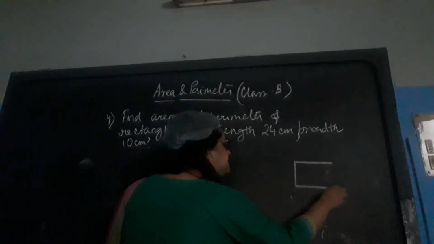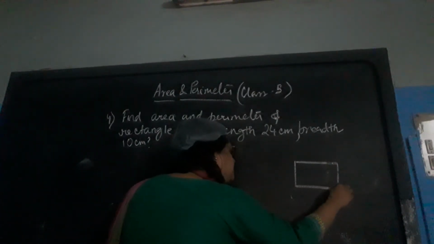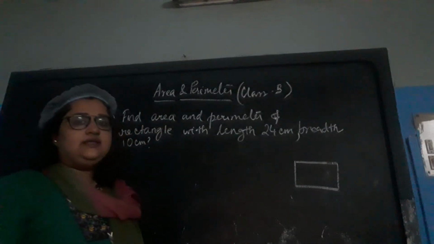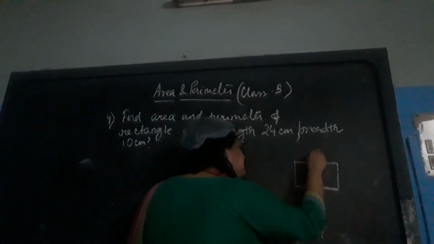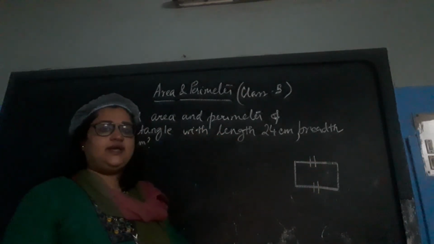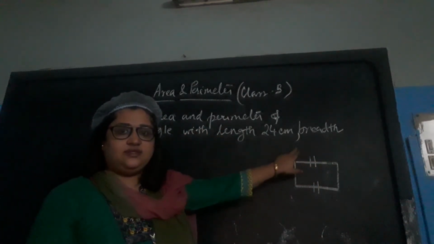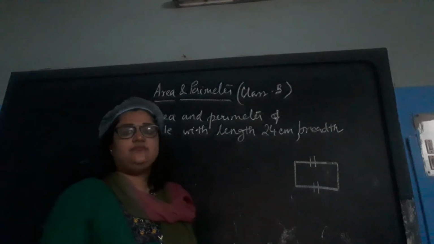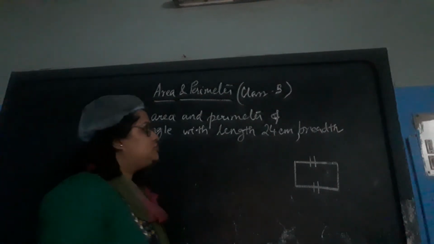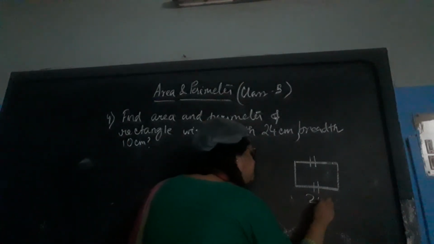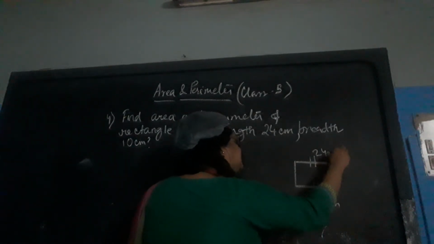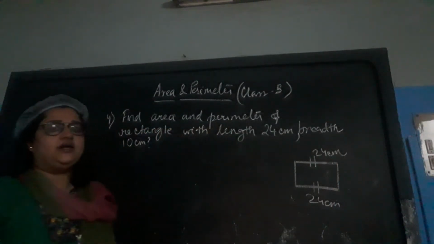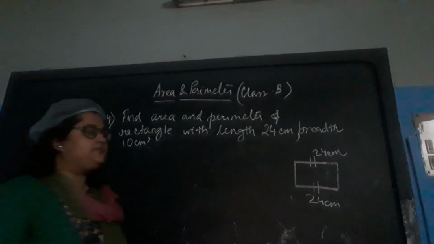I have already discussed with you in the previous video that a rectangle is a figure whose opposite sides, the length or the longest sides, match each other. So here the length is given as 24 centimeters. On both sides, the longest side represents length, that is 24 centimeters.